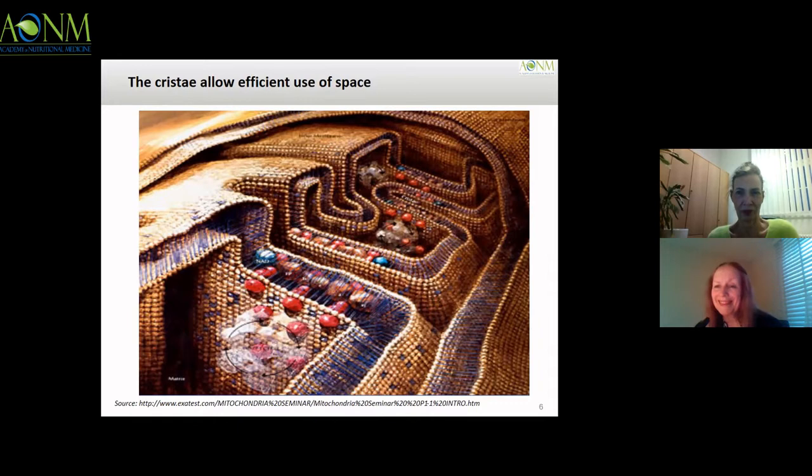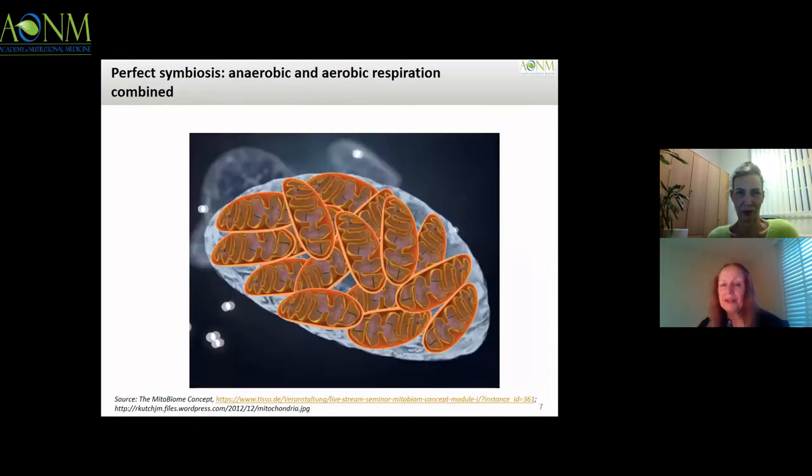Next, please. So inside a cell, there are many mitochondria, but there's also what's called a cytosol. That's here represented by the blue. And the cytosol can only use glycolysis for making energy, whereas the mitochondria use oxygen.